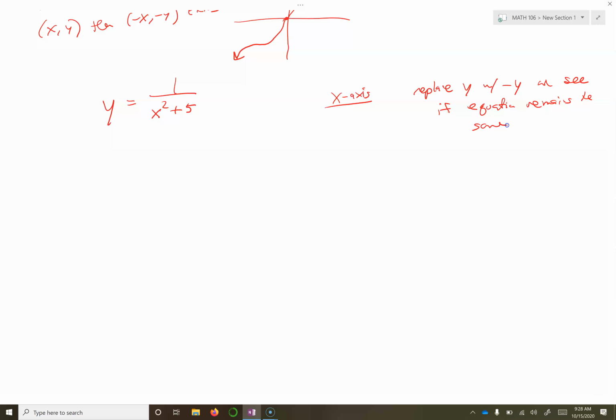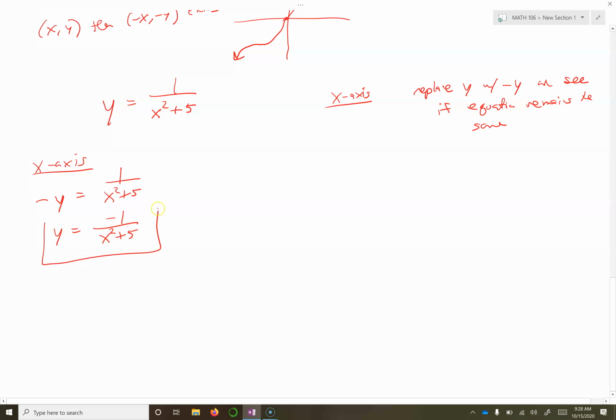So let's try that. We're going to do x-axis over here. All we're going to do is, instead of having that y on the left-hand side, we're going to plug in a negative y. We don't change anything else. And then I'll solve for y, which means I'm going to put that negative sign on the other side. And we have negative 1 over x squared plus 5. So is the thing that I'm boxing the same as our original equation?